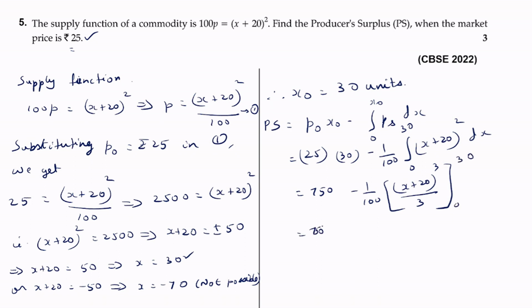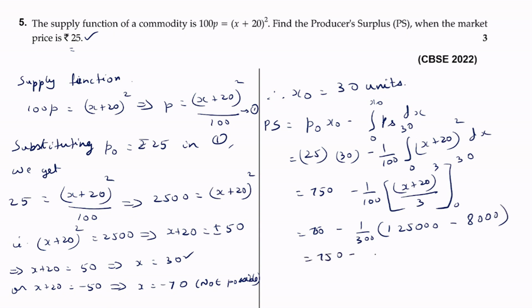This is 750 minus 1 by 300 into, here we have 30 plus 20 which is 50, 50 the whole cube, it is 1,25,000, minus lower limit is 0, 0 plus 20, 20 the whole cube, it is 8,000.